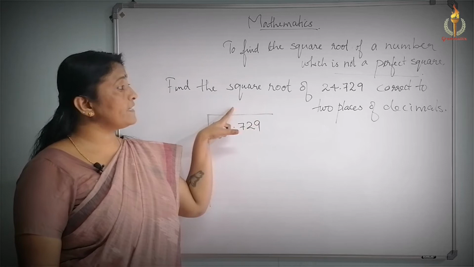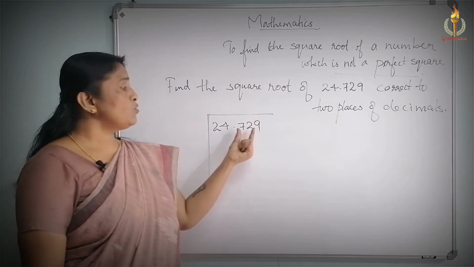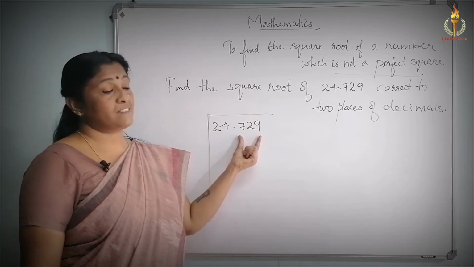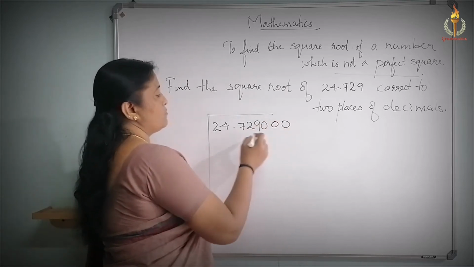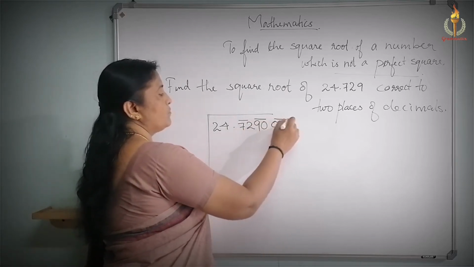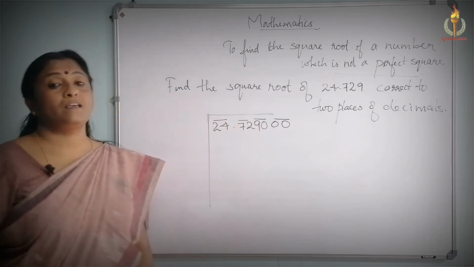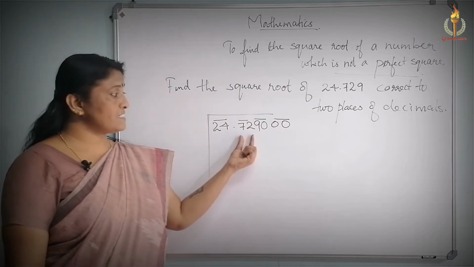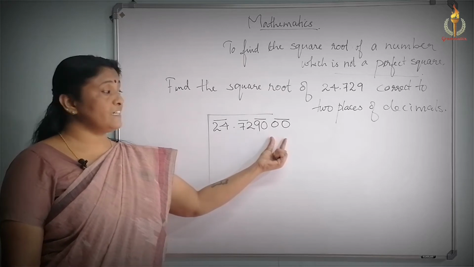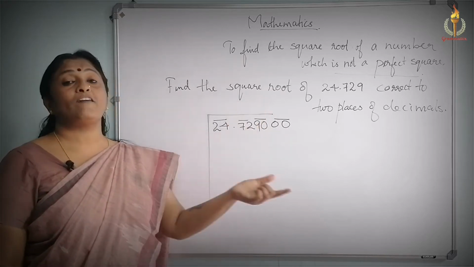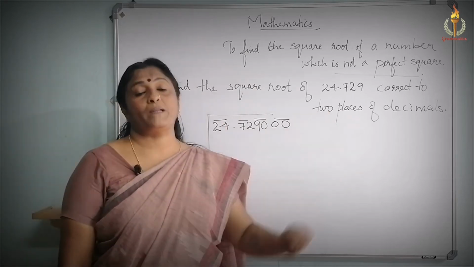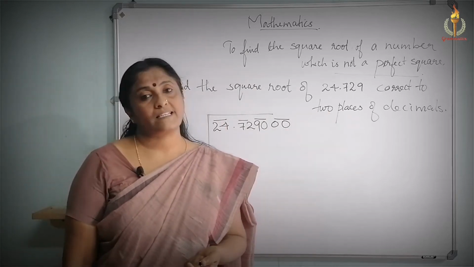So if you need 3 places in the answer, you need to have 6 places here. So here only 3, the rest you can put. So 1, 2, 3. This is how we make pairs. Since you have 3 pairs here, you will get 3 digits in the answer. When you get 3 digits, you have to round it off to make it 2 places. That's how the answer comes.